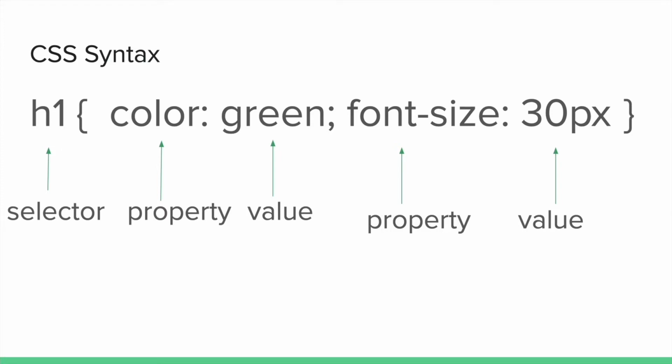It's more important to think about all of the different things you could possibly change on any given HTML element. For a heading, you could change the background, the font color, the font size, the font family, or the alignment of a heading.